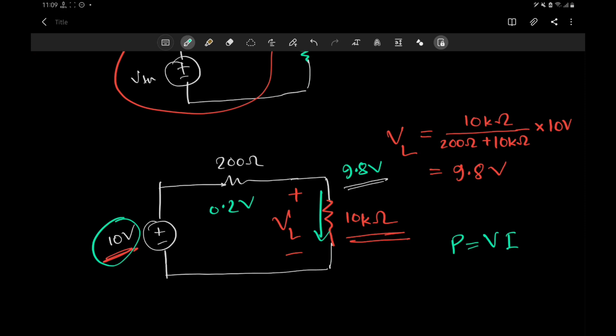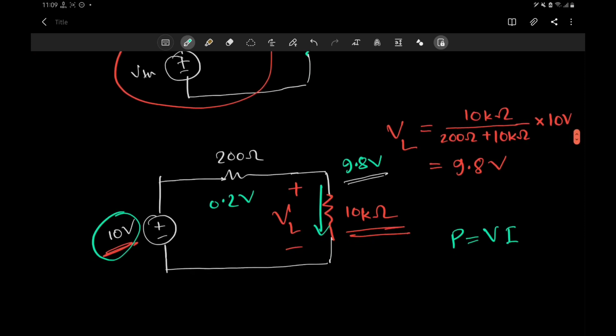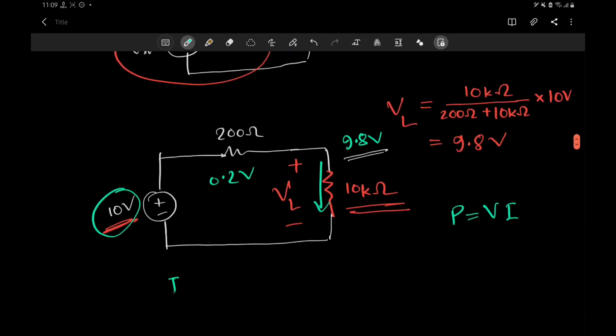Let's not consider 0 ampere. We can actually calculate this current. I equals 9.8 volt divided by 10 kilo ohm, because of Ohm's law, right? Voltage divided by resistance. If we do the calculation, we will get 0.98 milliampere.